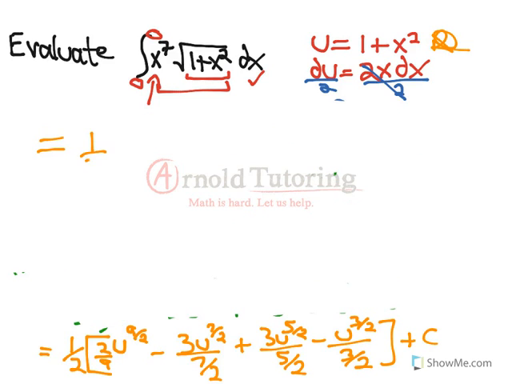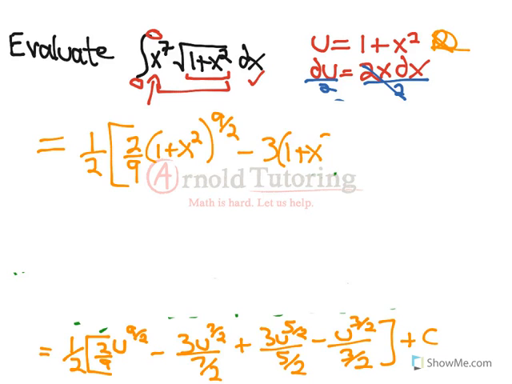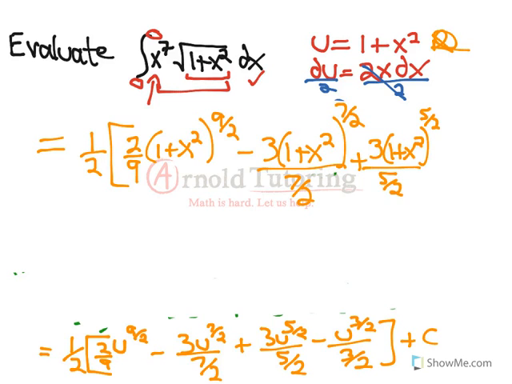Okay, so we have 1/2, open bracket, 2 over 9, 1 plus x squared to the 9 over 2, minus 3, 1 plus x squared to the 7 over 2 over 7 over 2, plus 3, 1 plus x squared to the 5 over 2 over 5 over 2, minus 1 plus x squared to the 3 over 2 over 3 over 2, close, plus c.